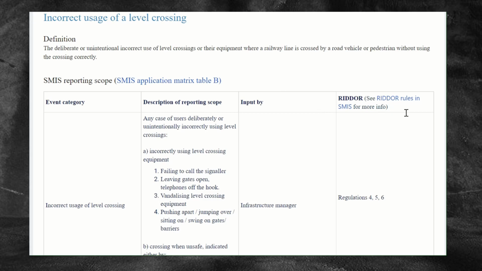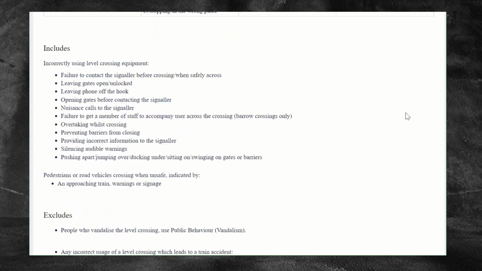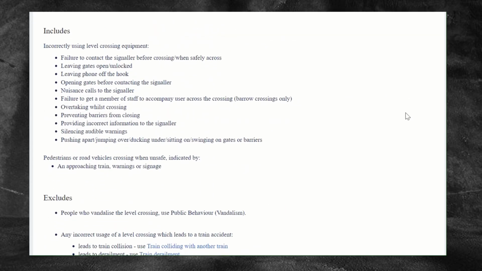And finally, we have the RIDDLE reporting requirements. In this case, there are no associated RIDDLE requirements except for the common regulations 4, 5, and 6, which can be reported on all sub-event forms. Next, we have a list of what type of events are included.